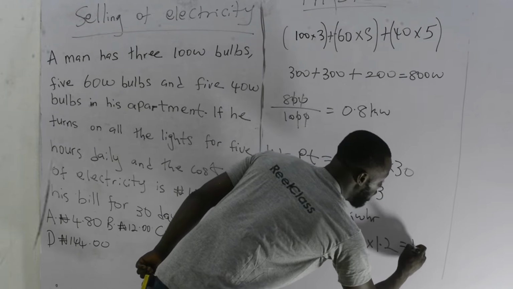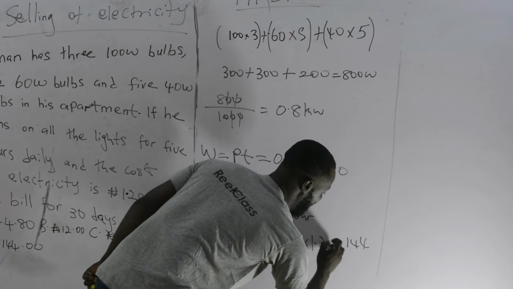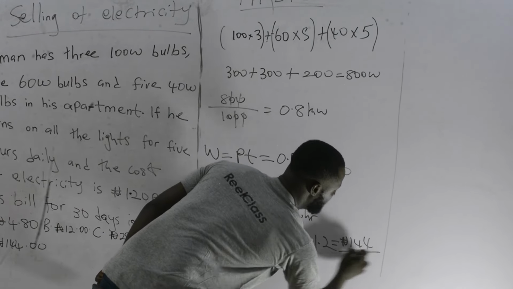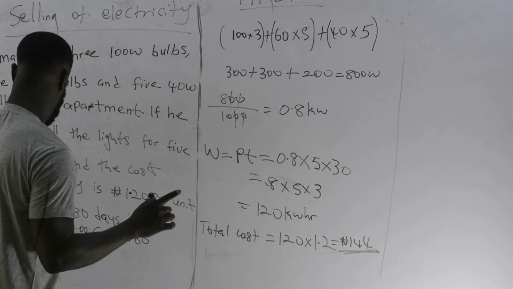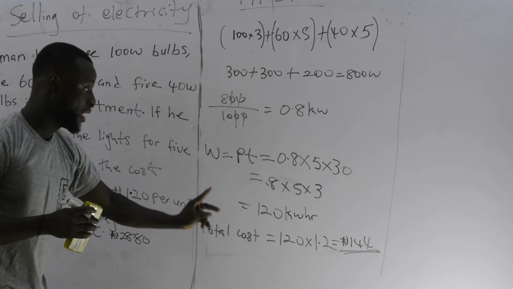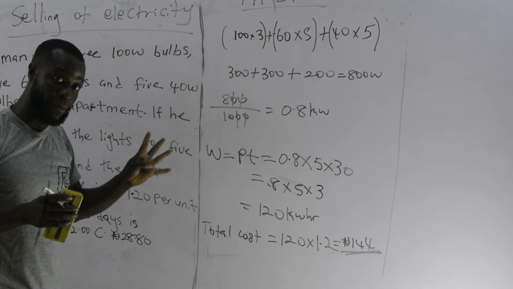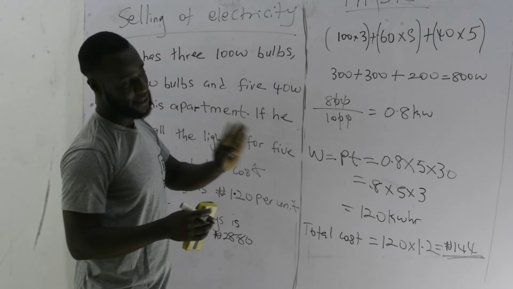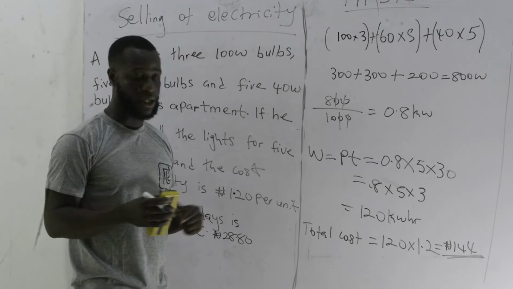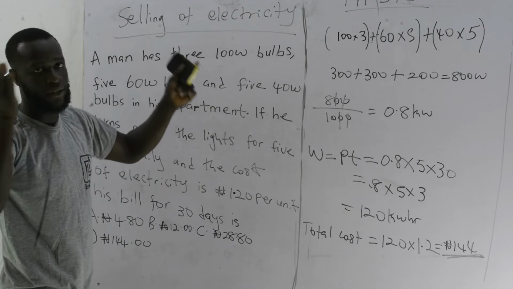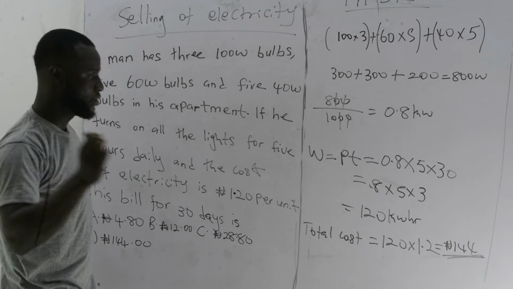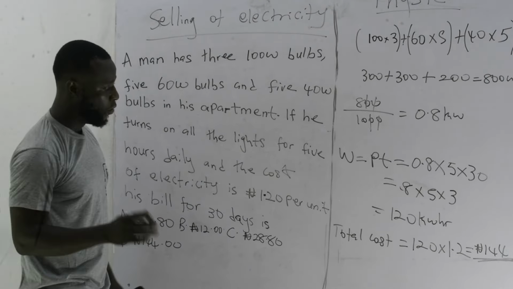This will give you 144 naira. This is the total cost for running all these light bulbs for 30 days. 144 naira, just light bulbs, anyways. Well, they didn't tell us about the other appliances he has. So just the light bulbs is 144 naira.